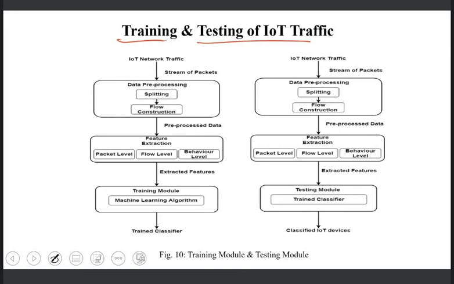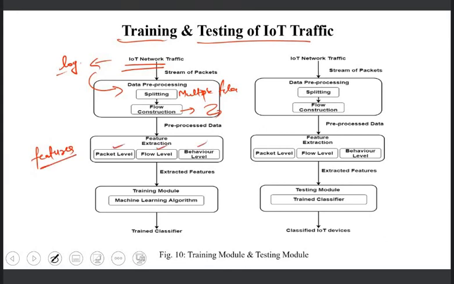I will just summarize it. First there is the IoT network traffic, or you can say the log. This log is split into multiple files. Then flow construction for each packet, for each request. Then we generate features: packet, flow, and behavior.